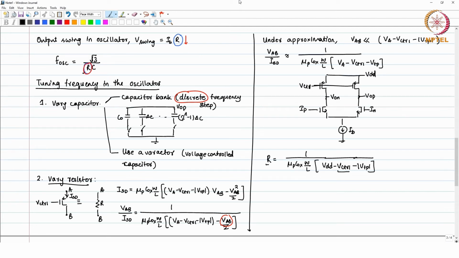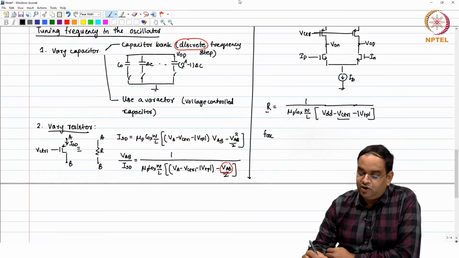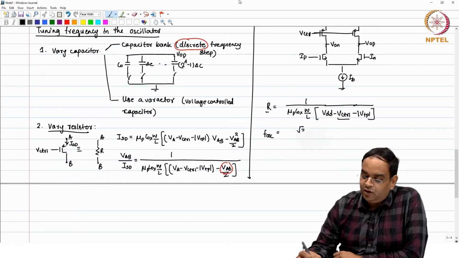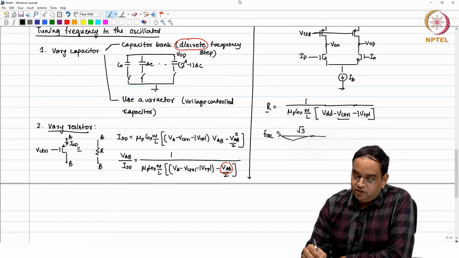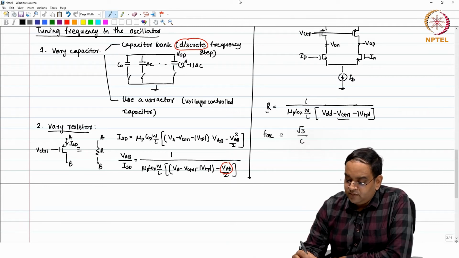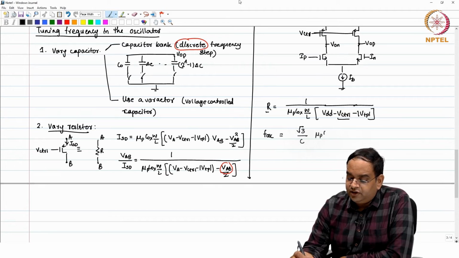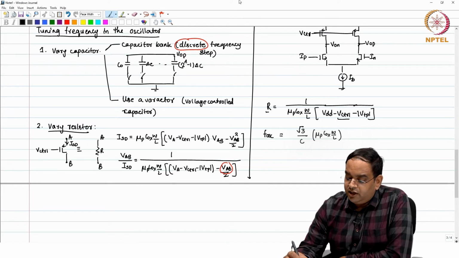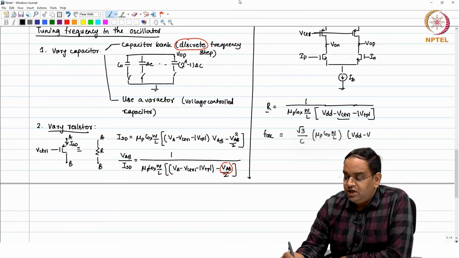So, now the frequency of oscillation, which was root 3 by omega root 3 by RC, you will get here 1 over R. So, what you are going to get is mu p Cox W by L into (VDD minus V control minus mod VTP).